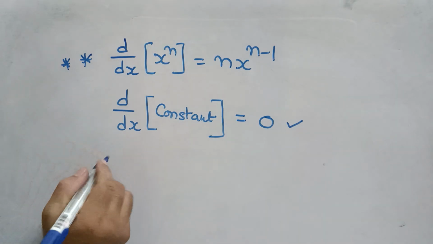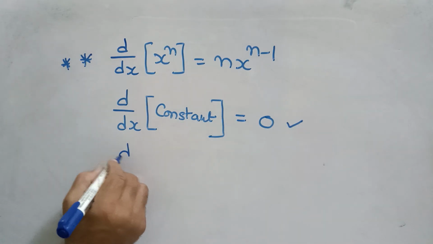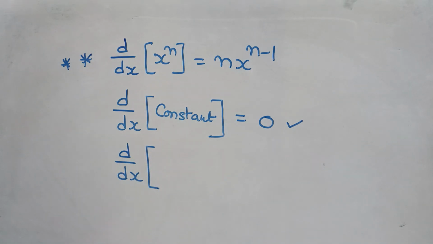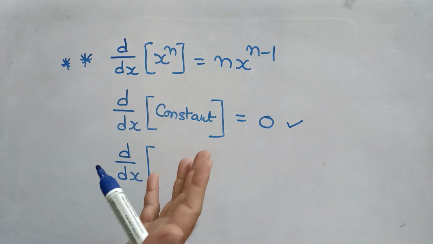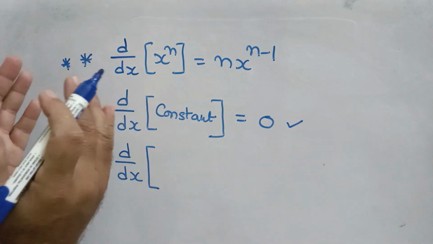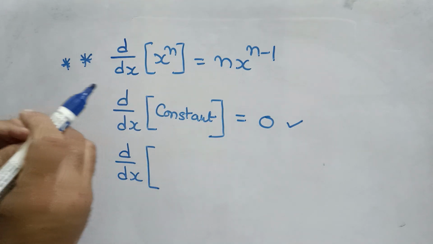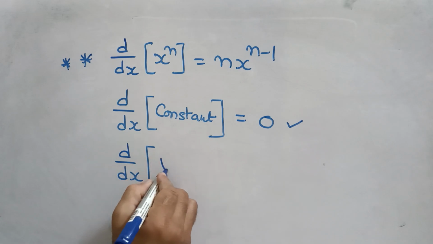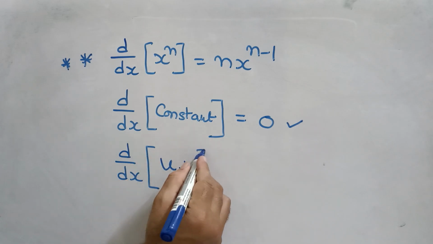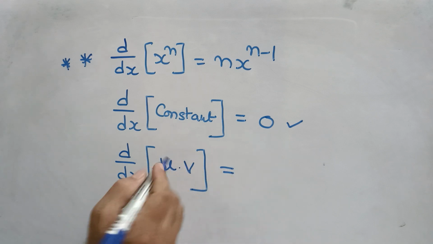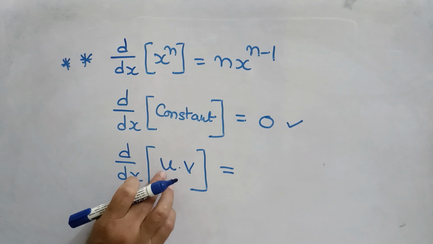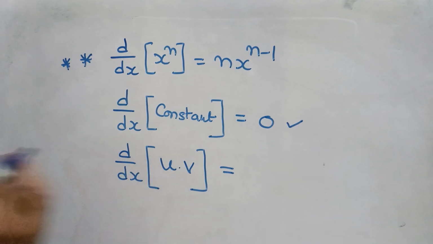And there is one important formula that will be used in the derivative. Sometimes two functions will be given in such a way that both are in multiplication, something like u into v. I will consider the first function as u and the second function as v.